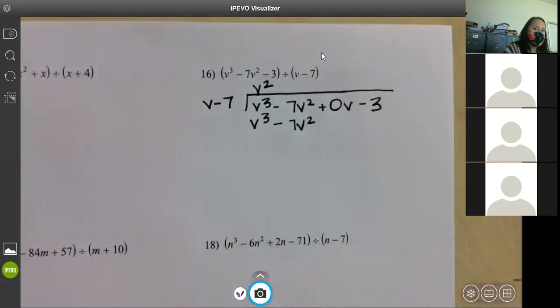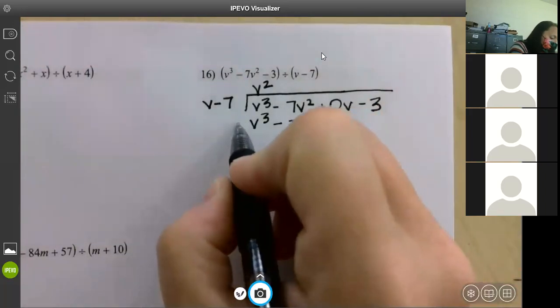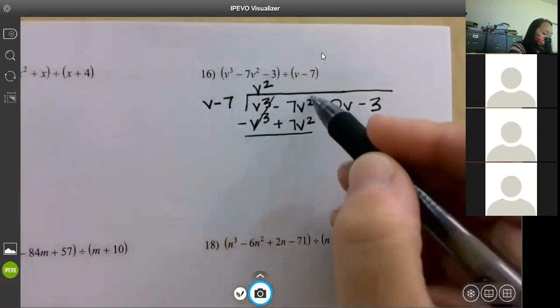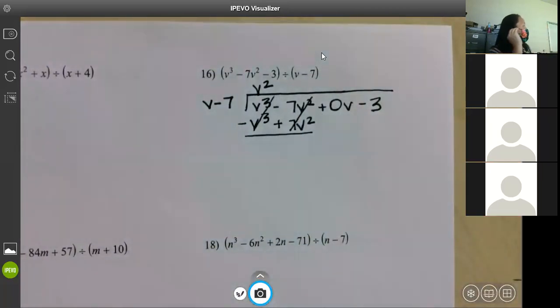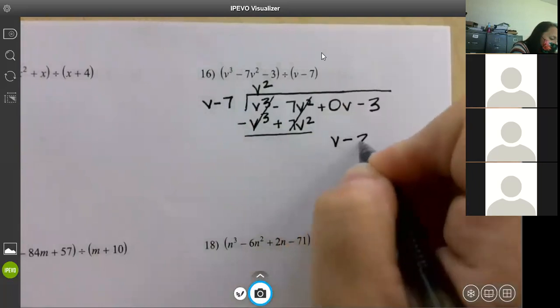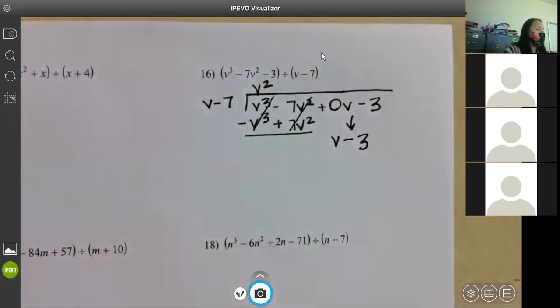How do I get them to cancel? Change signs. And if you look, both cancel. This is going to happen when you have to fill in a placeholder. So don't freak out that things are canceling out. It's okay. All right. So I'm going to go ahead and bring all of this down.